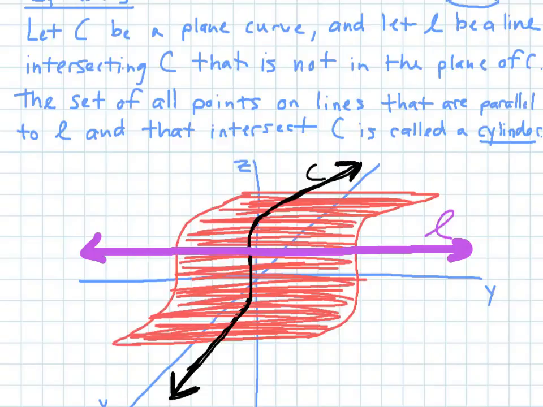So L has many other lines that are parallel to it, so let's put all those lines together, and that creates a surface from all the intersections of L with C. Think of that L line moving infinitely around on C's curved line and creating a plane by doing that. That's what that red picture is trying to represent. So that's a definition of a cylinder.